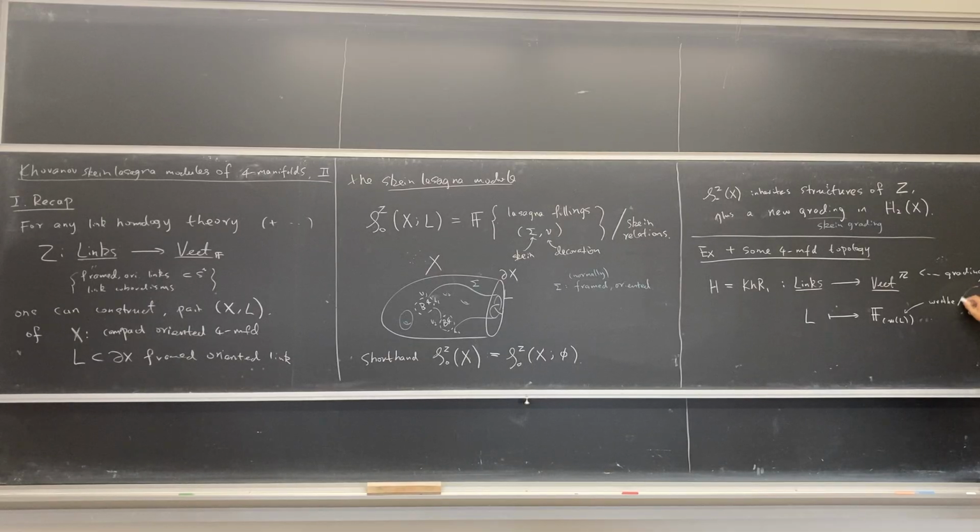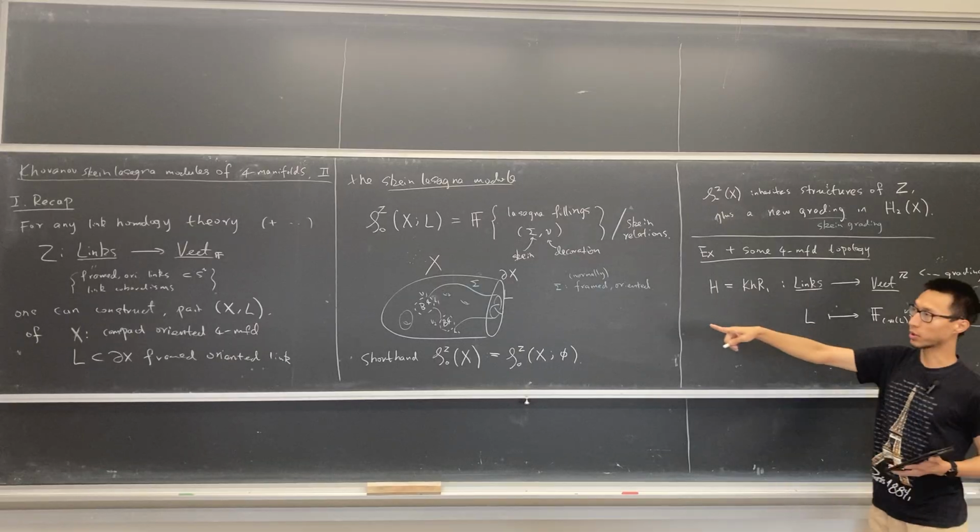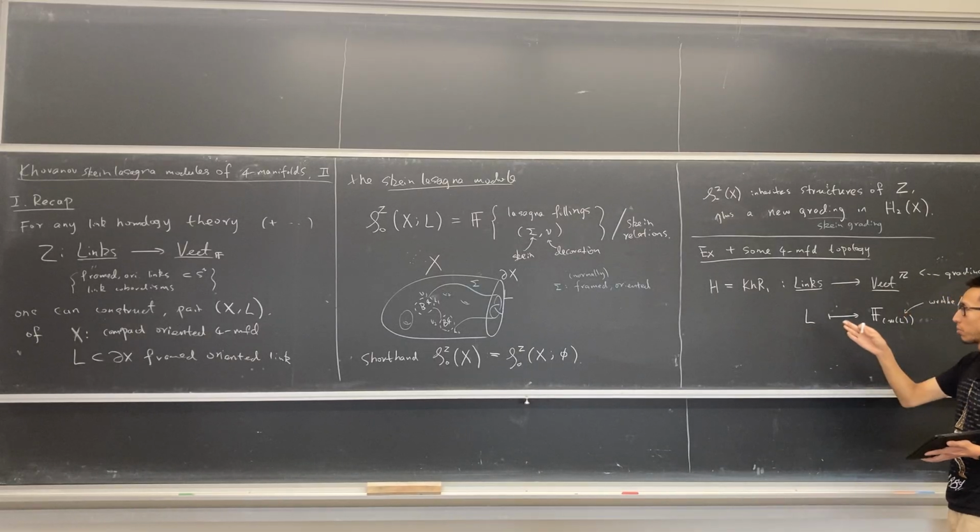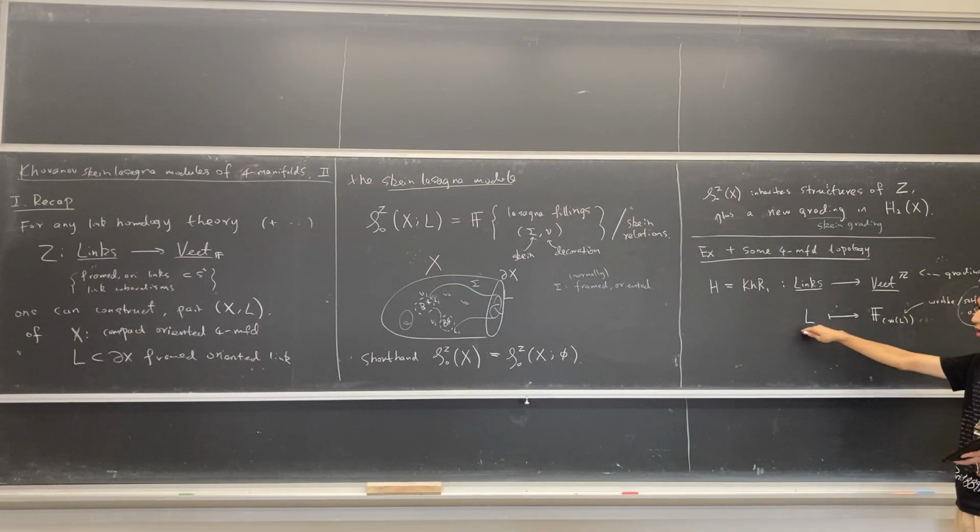So how is this defined? Since my links are all framed, I can choose a framing direction and push my link off in that direction, and then I get a pushed-off copy of L and L itself, and I can take the linking number of those two links. So this really means the self-linking number of L and the push-off of L using the framing.